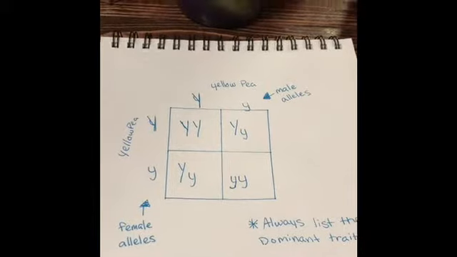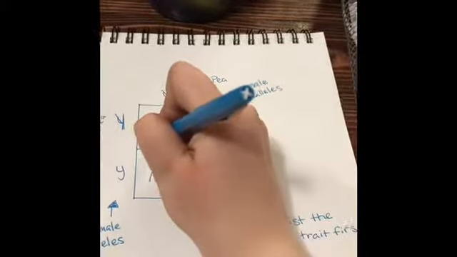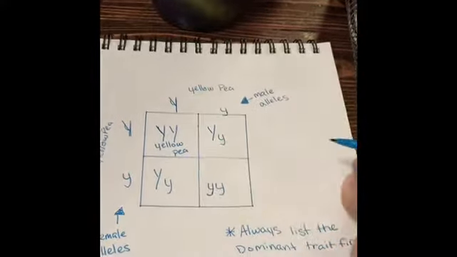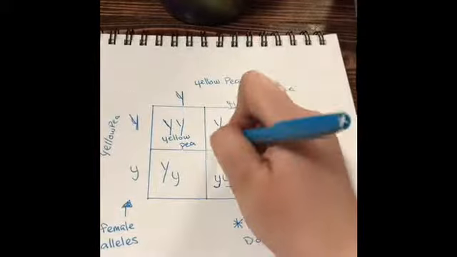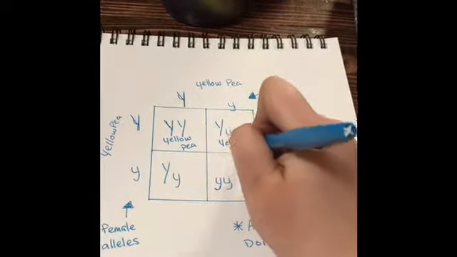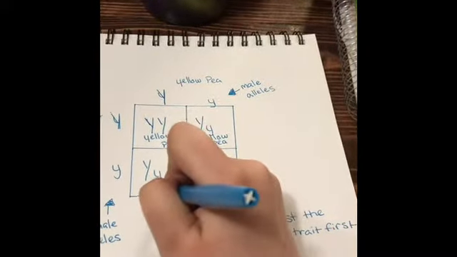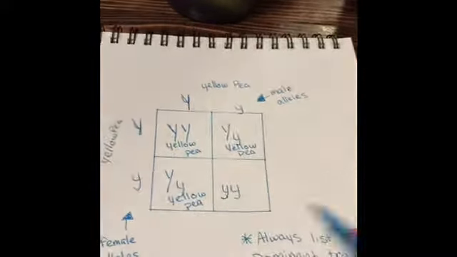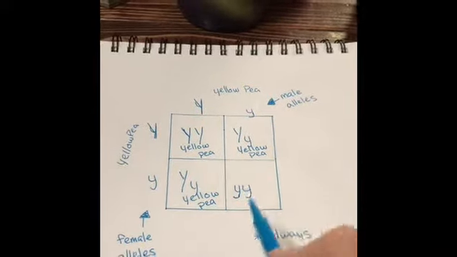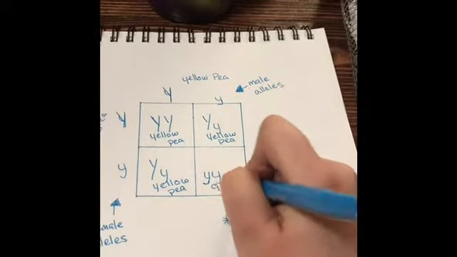So then how you would label that is this would be a yellow pea, yellow pea, yellow pea. And then since this one has no dominant letter in it, this one is actually going to be a green pea.